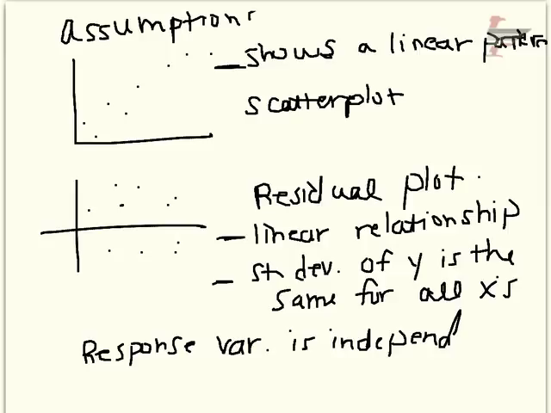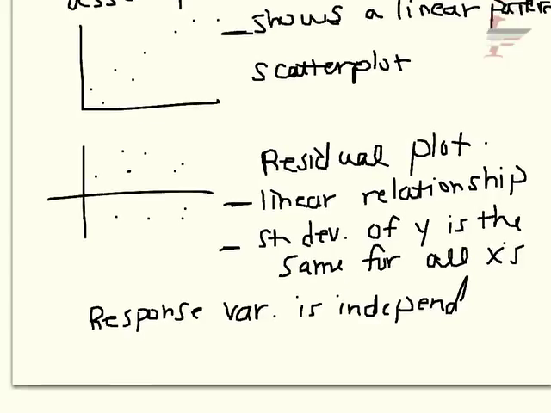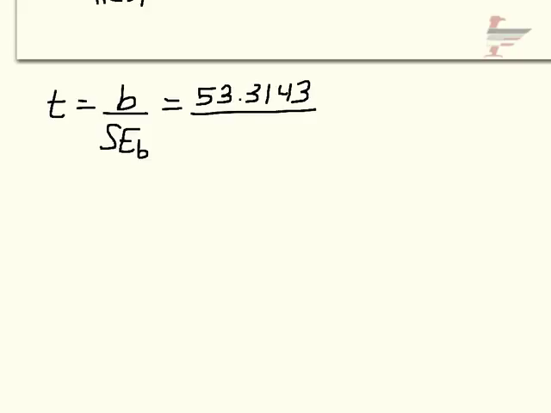Step 3 is to find the test statistic. Your test statistic is b, the slope, divided by the standard error for slope. If you rewind this video, you can look at the output, but it gave you the slope, which was 53.3143, and the standard error for slope, which was 3.6270.